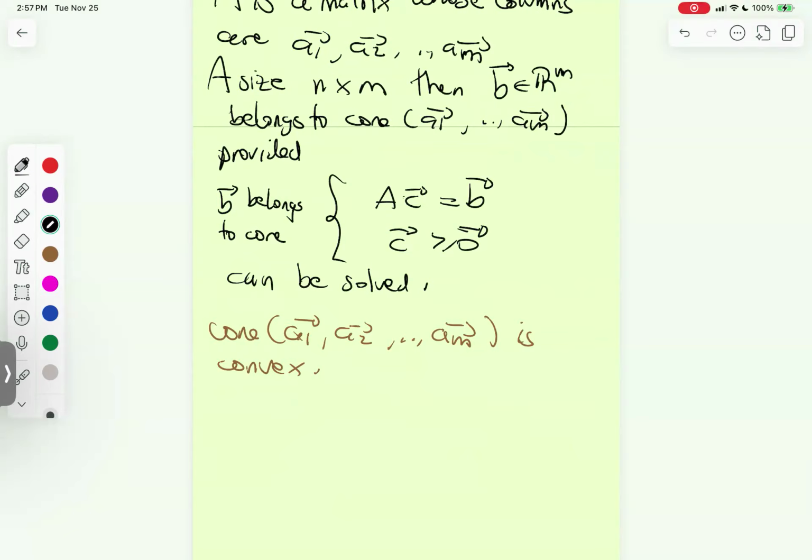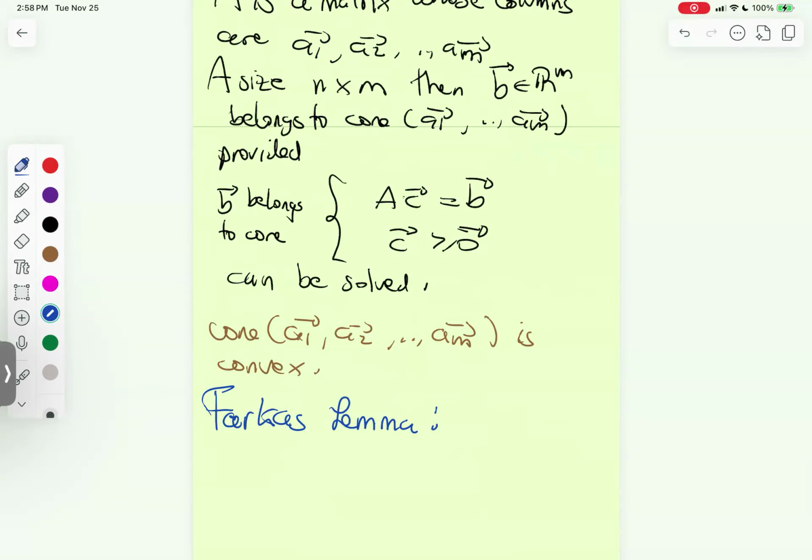So what Farkas' lemma says is either B belongs to the cone or something else happens. So Farkas says that there are two things. Only two things can happen.